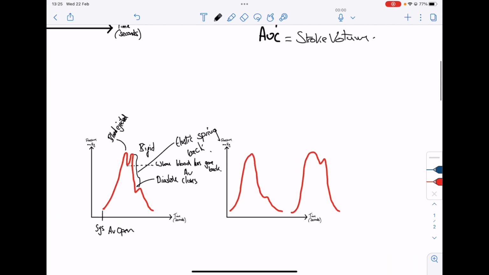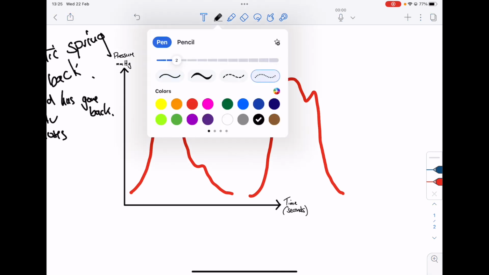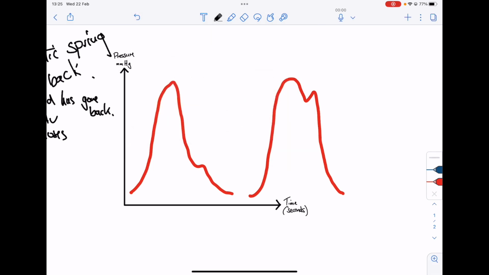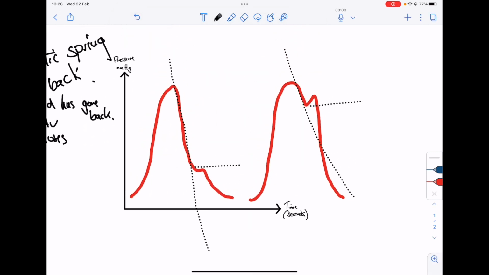And then our last friend, the two things I'm trying to describe to you somewhat in these two waveforms is, one, the angle there versus perhaps the angle across there, and the position of your dicrotic notch. So these typically define a low SVR and a high SVR.